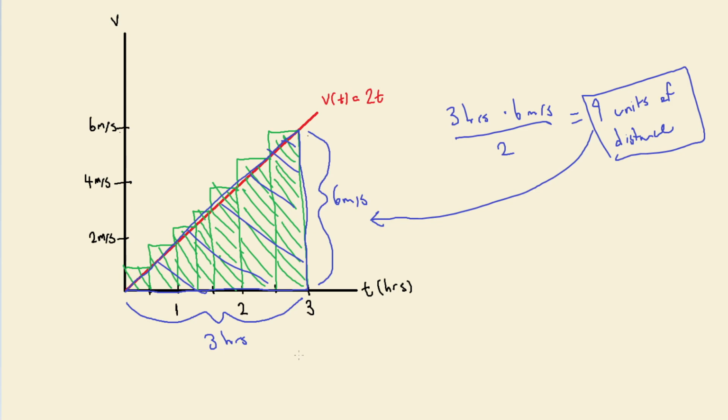I did that for 2 reasons. Number one, in the first situation, when we're dealing with a constant velocity, we happen to notice that the distance traveled was equal to the area under the constant velocity curve. But it doesn't necessarily follow that that would be the same for these different situations where we have a velocity function that is variable with respect to time.